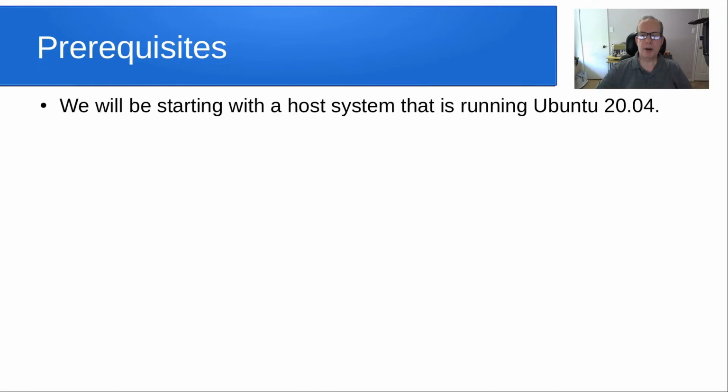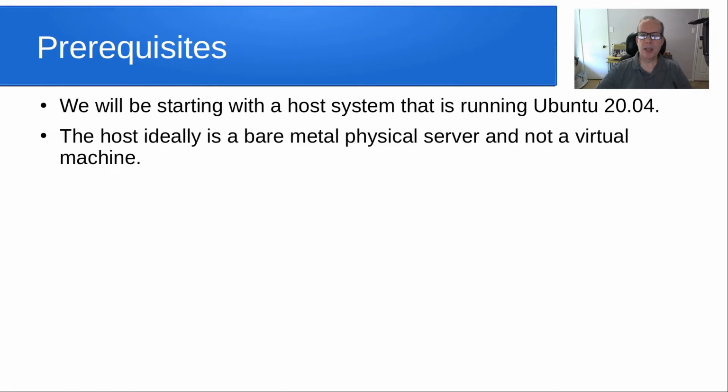So some of the prerequisites are that we will be starting with a host system that is running Ubuntu 20.04. You can probably do this with other operating systems or other versions of Ubuntu, but for the sake of this demonstration, we're going to be using Ubuntu 20.04 LTS. So the host is ideally a bare metal physical server and not a virtual machine.